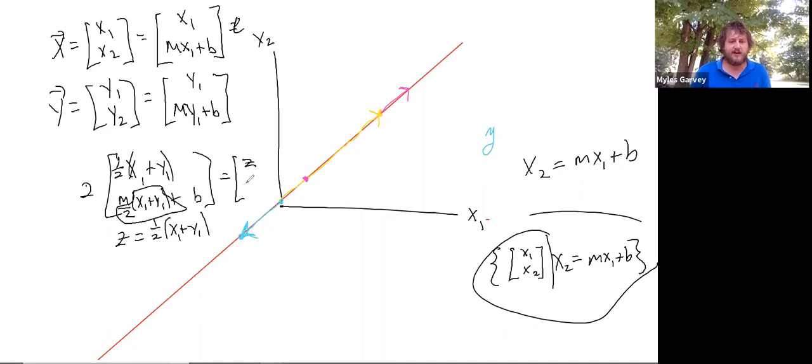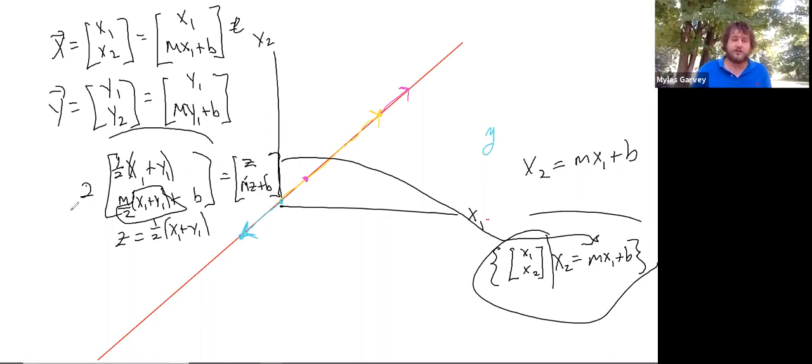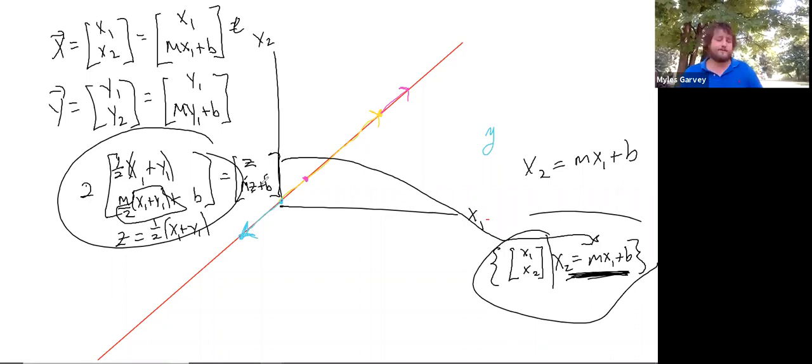So this is mz plus b, the same m and the same b as I have here. Which means this sum vector also needs to be in this set, because this statement holds true about the element in the second dimension. So I just algebraically proved what we geometrically demonstrated, which is that if I take any two vectors on that line and add them together, I'm going to get another vector that's on that line.